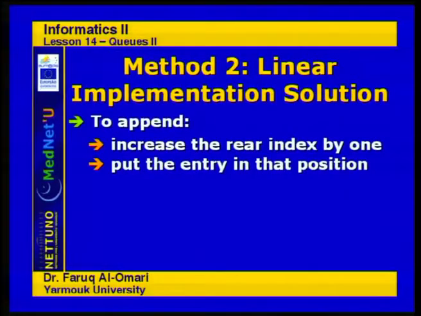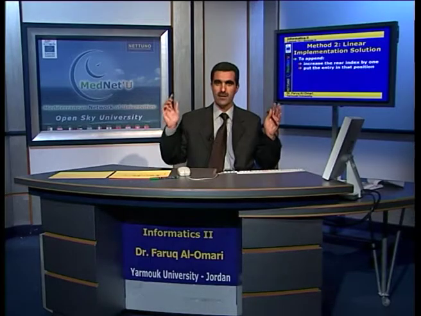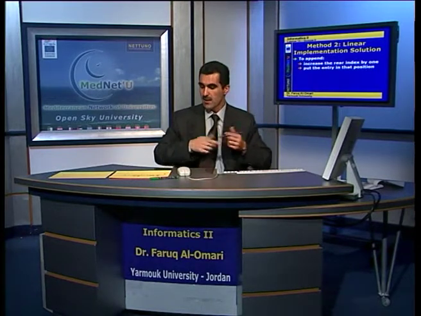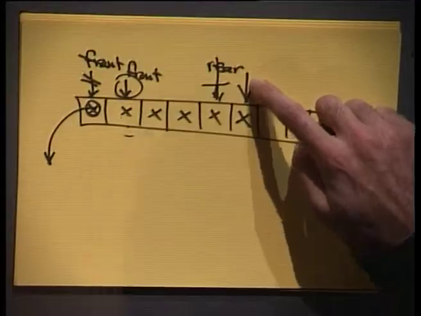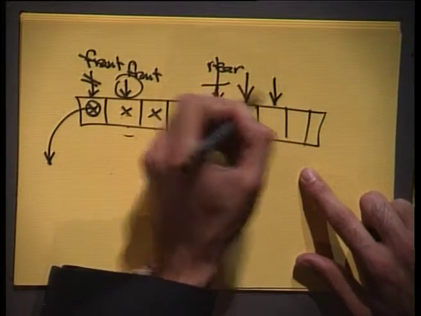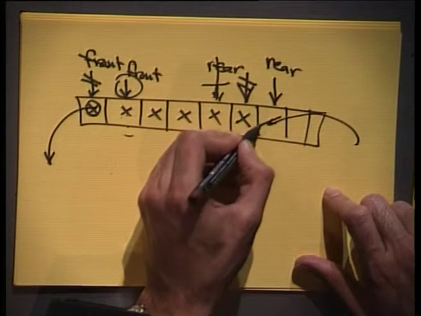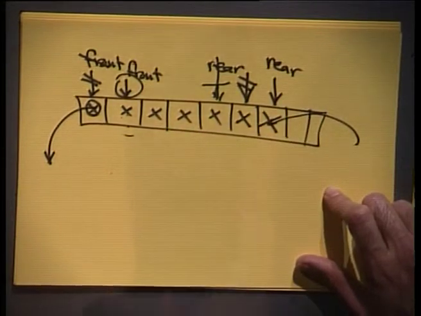Put the entry at the new position in the queue, and you're done. That's when you append. Okay? So basically, a new entry comes, rear was here. I need to move this to point to a new empty location, and I will take the new entry and place it in here. That's the append.